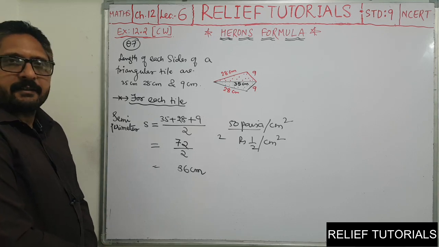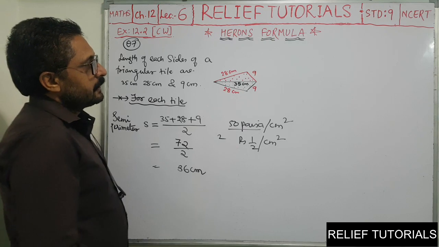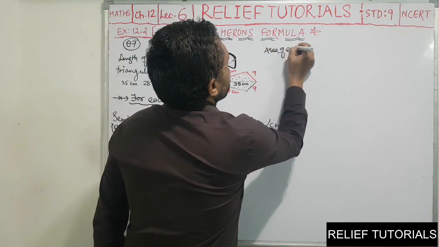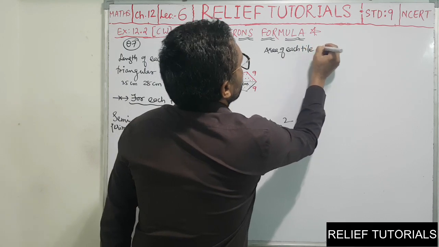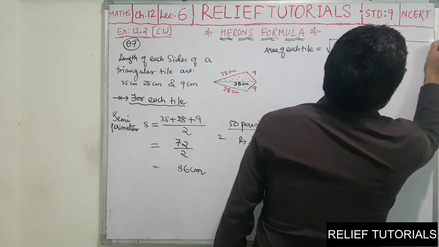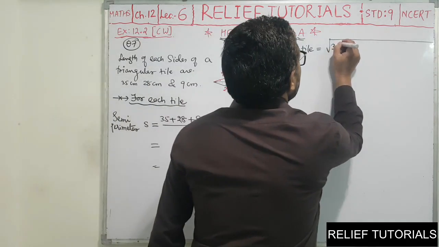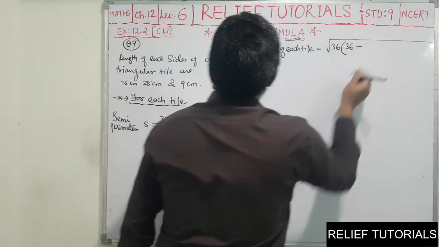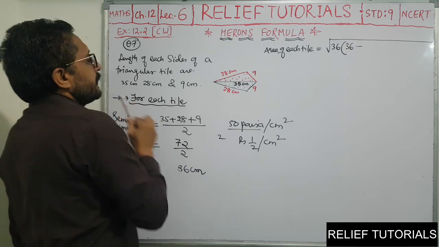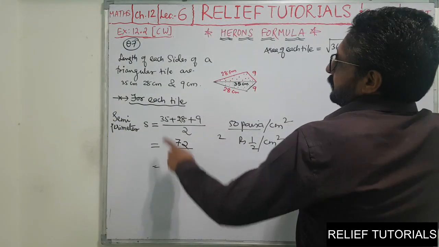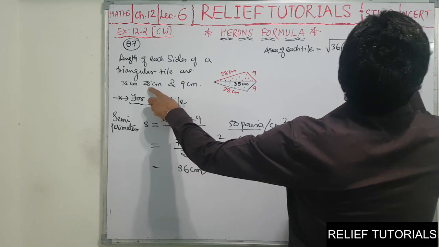Now we find the area of each tile. S is 36. S minus a, a is 35. S minus b, b is 28.